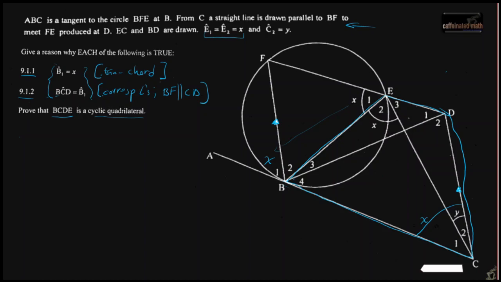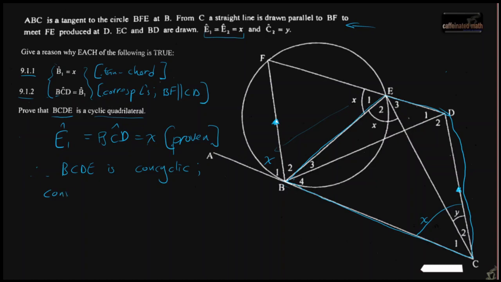Well, I'm just going to say that angle E1 is equal to angle BCD, which is equal to X. What's my reason? Well, I just proved it. It's proven above. Therefore, BCDE is concyclic. Why?